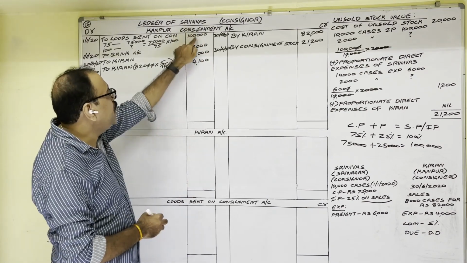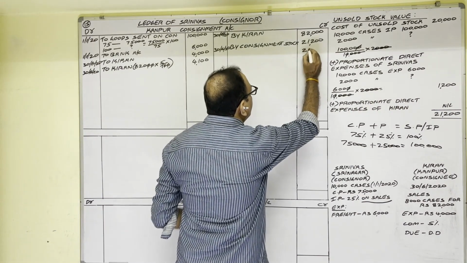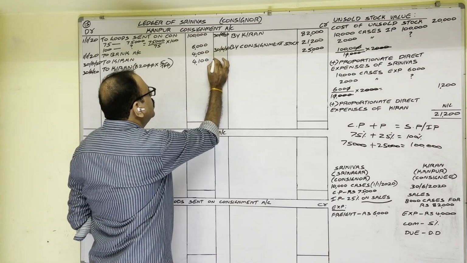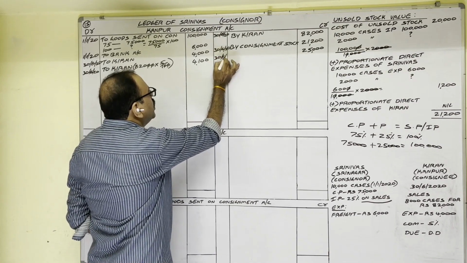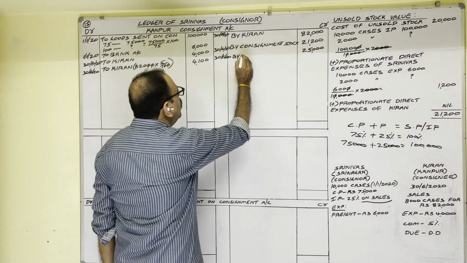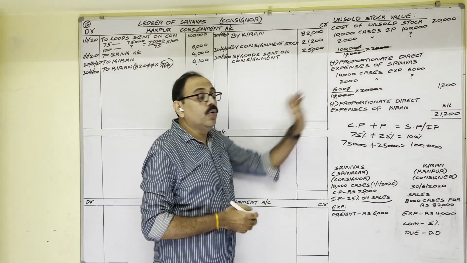So debit side 25,000, if you want to cancel, you have to credit 25,000 rupees. What is the date for this? 30 June 20. By same account name, goods sent on consignment account. Next come to unsold stock loading.